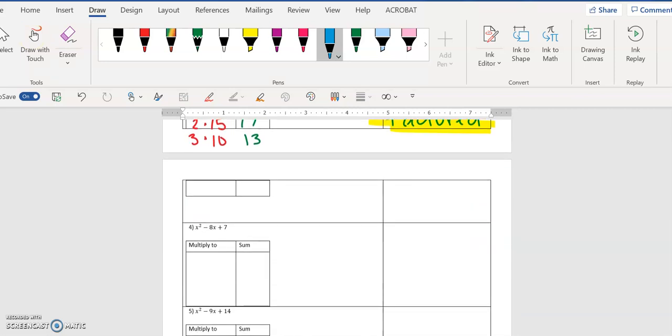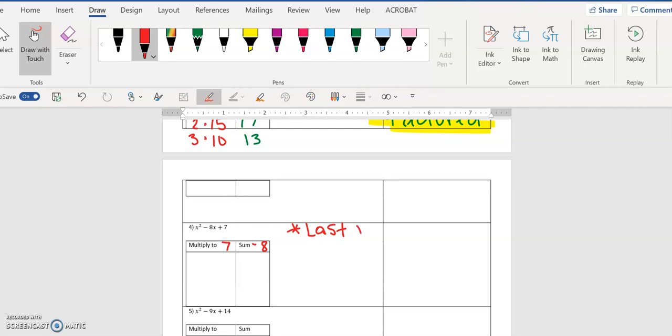After this, all of the problems are more difficult because there are subtraction signs. So we need to multiply to positive 7 and add to negative 8. I'm going to make a little note here for you. There are little tricks that you pick up on the more you do these. When it comes to factoring, the more practice you do, the better you get.